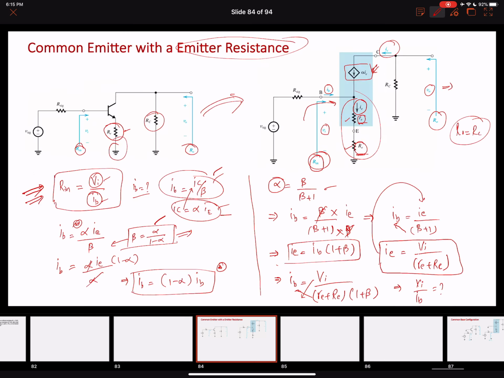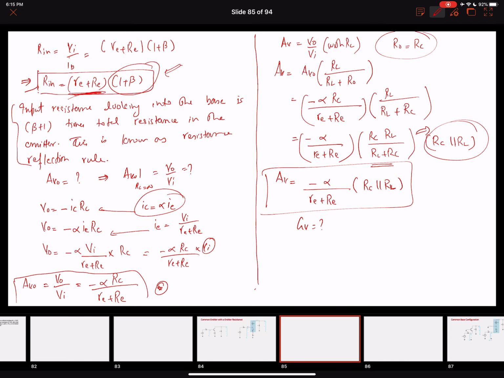So we want to find out the value of GV. GV equals AV multiplied by Rin over Rin plus Rsig.